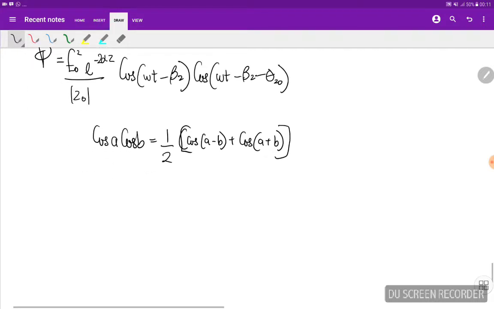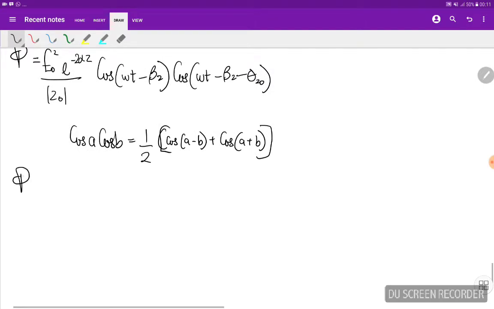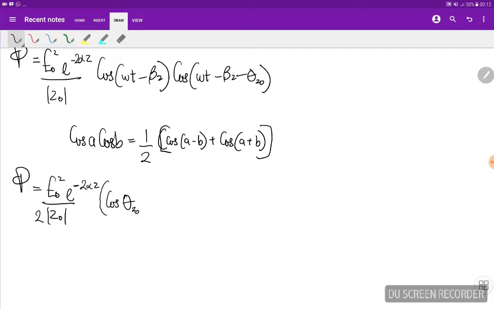So putting back in the equation, we get our Poynting vector is going to be E naught squared e raised to the power minus 2 alpha z over 2 z naught, into bracket. Now with A as wt minus bz and B as wt minus bz minus theta, A minus B is just going to give us theta z naught straight up.